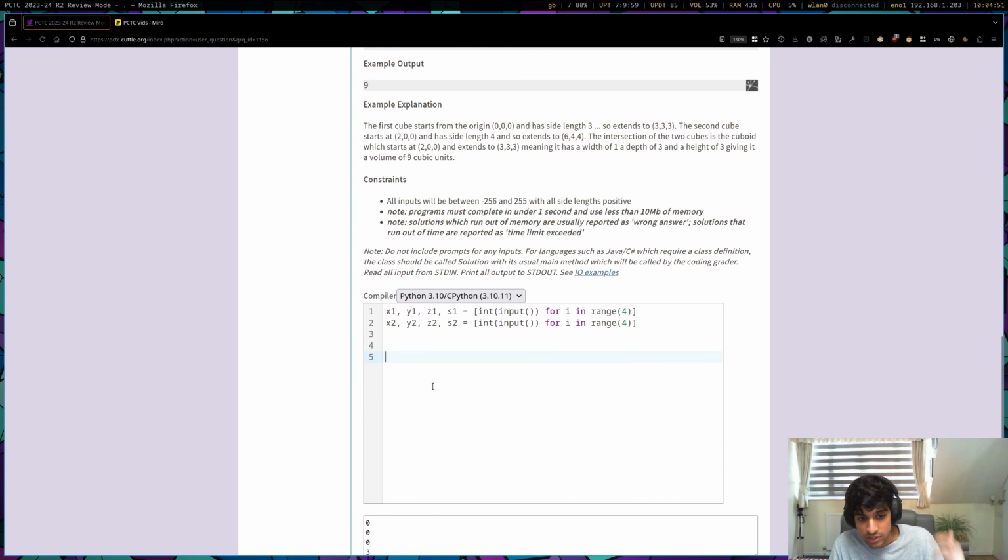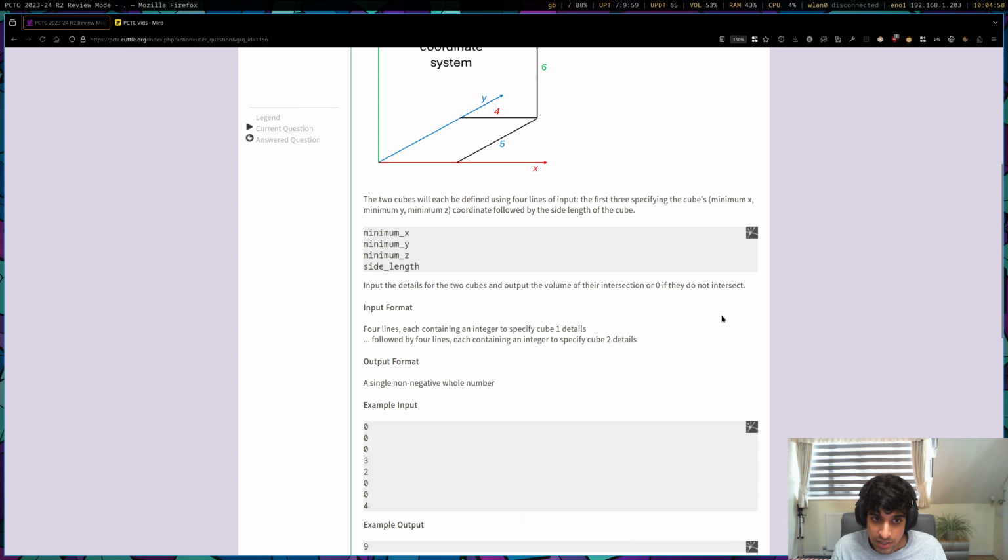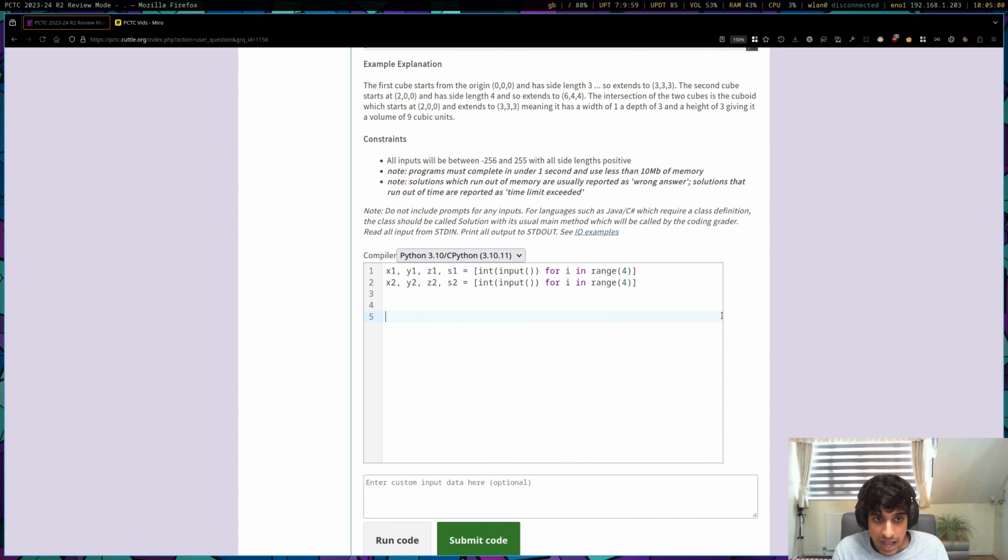Let's do our very first thing, which is to check if the 2 cubes intersect each other. To do that, as we said, if you just deal with the x coordinates, that's going to be if our second cube's smallest x coordinate is bigger than our first cube's biggest x coordinate, then there is no intersection.